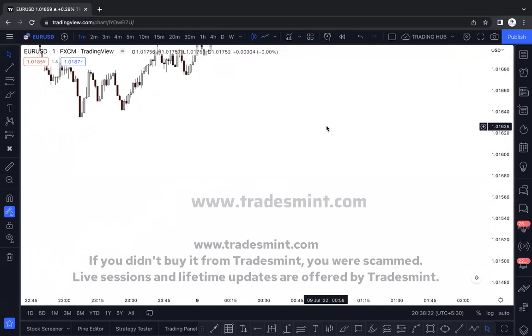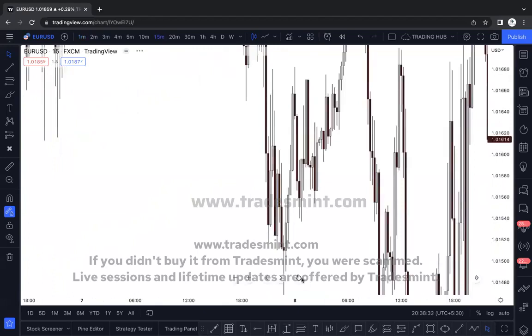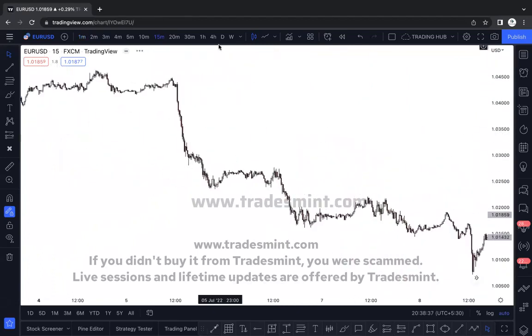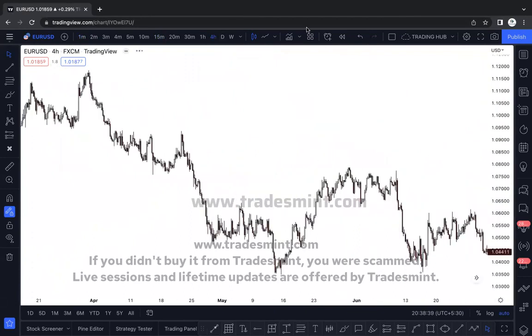So first of all, which time frame is the higher time frame for a day trader? You must go at least to 15 minute, and some people mark this as the 4 hour or daily, correct?